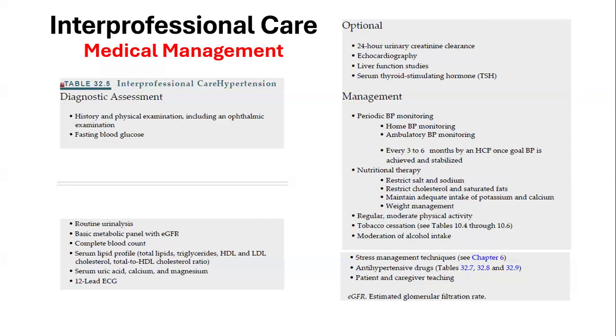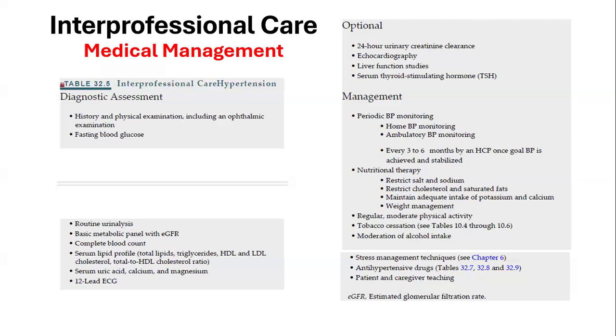And also, they will ask for nutritional therapy to restrict salt, sodium, restrict the cholesterol and saturated fat, maintain adequate intake of potassium and calcium, and also weight management, because it is really important for patients with hypertension to control the diet because it can impact the blood pressure.